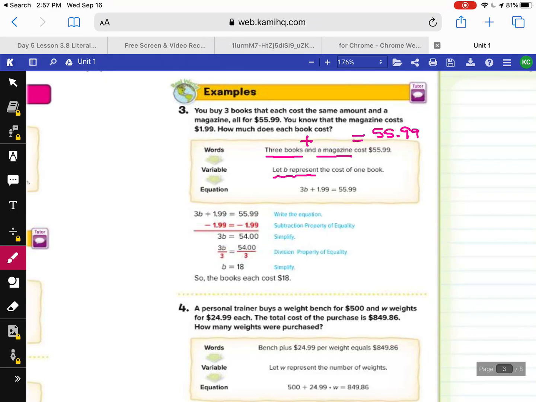Now, here's where a lot of people can get confused. Let B represent the cost of one book, right? We don't know what each book costs, so I'm going to replace it with B. So I know that I'm going to have 3 books, so I can say 3 times B, or 3B.